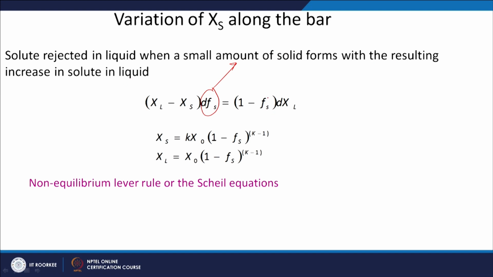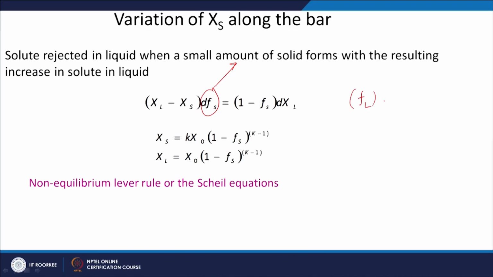So, the liquid fraction will be given by FL. When I am forming a small amount of solid, the remaining FL, the fraction of liquid, will be enriched by that much amount of solute. So, increase in solute in liquid will be this much.